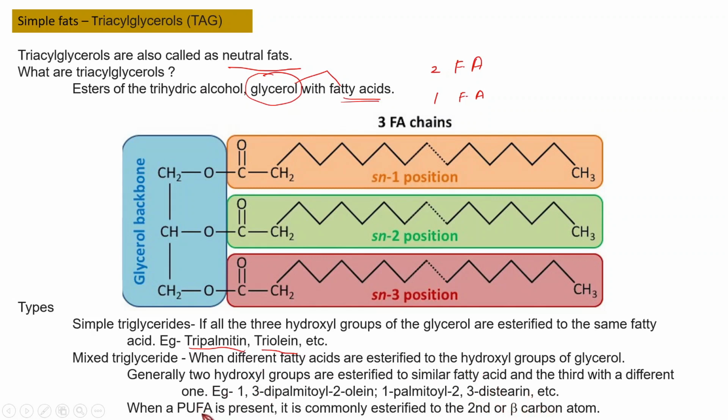And one more condition exists: whenever a PUFA, polyunsaturated fatty acid, is present among these fatty acids connected to the glycerol, which position will it occupy? The second hydroxyl group, or the beta. This is the alpha, beta, and gamma. So whenever a PUFA is present among these 3, it will occupy the second hydroxyl group.